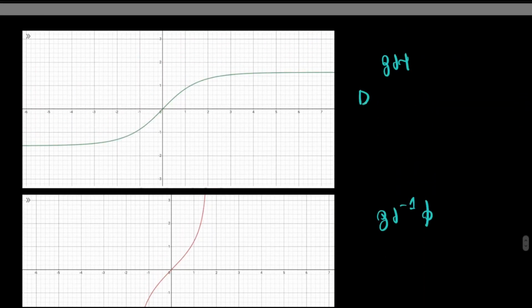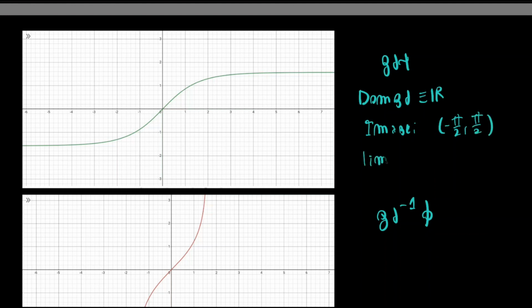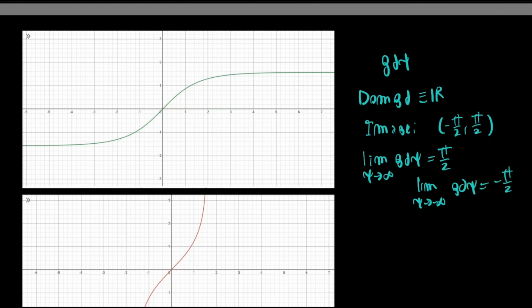In particular, we see that the domain of the Gudermannian function is all the real numbers, while its image is the interval minus pi halves to pi halves. And in fact, we notice that the limit as psi goes to infinity of the Gudermannian of psi is equal to pi halves, and the limit as psi goes to minus infinity of the Gudermannian is equal to minus pi halves.